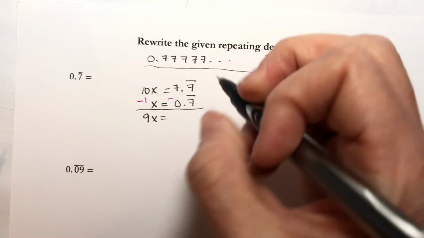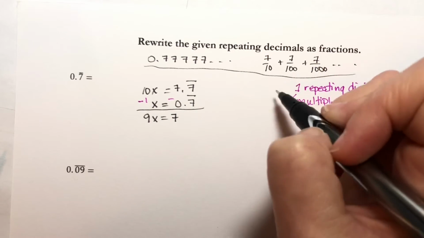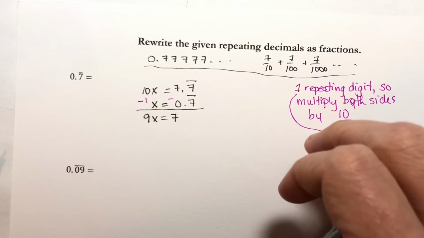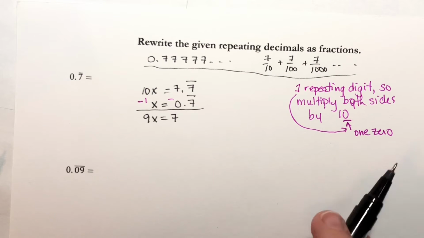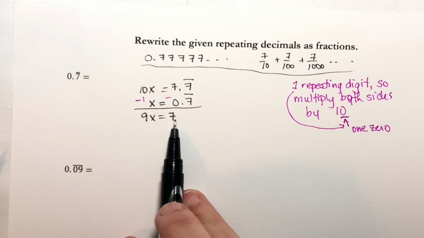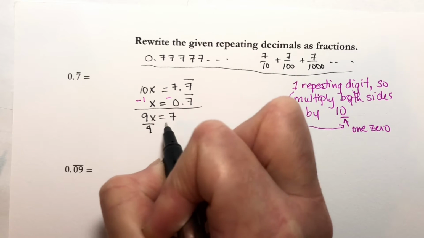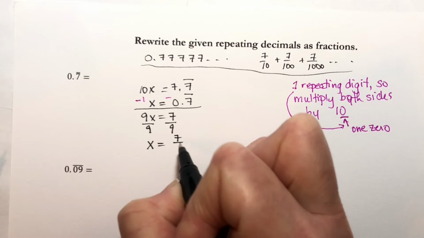The 7 and the 0, 7 minus 0, that's a 7. And then over here, I have 7s out forever. If I subtract those, all of those 7s out to infinity are going to cancel out. So I really just end up with 7. Now divide both sides by 9, and your x value is 7/9.